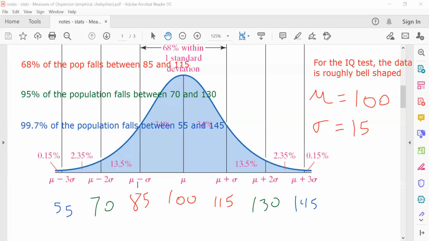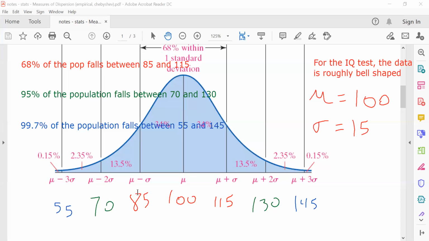You can zoom in on specific values. Between 70 and 100, there's 13.5 plus this 34 here, that's 47.5. So about 47.5% of the population, almost half of it, falls between an IQ score range of 70 and 100.